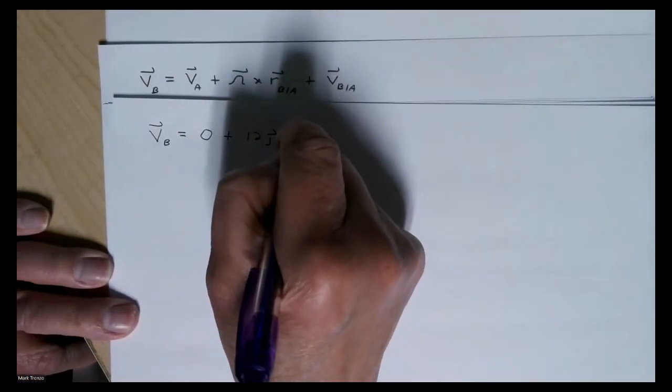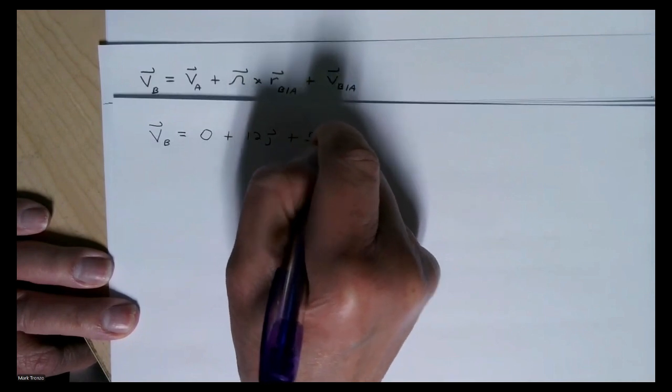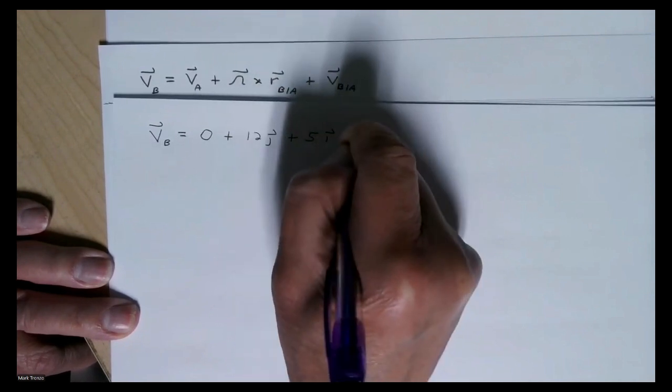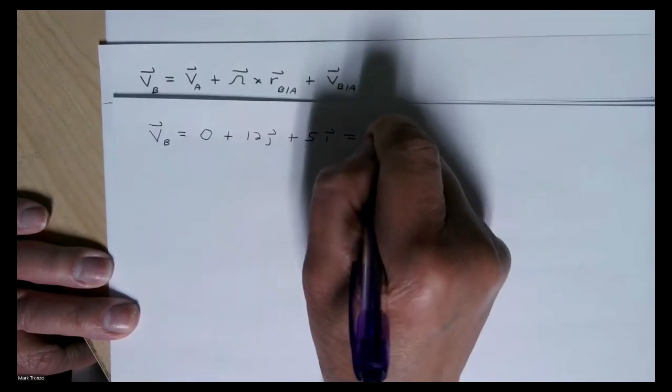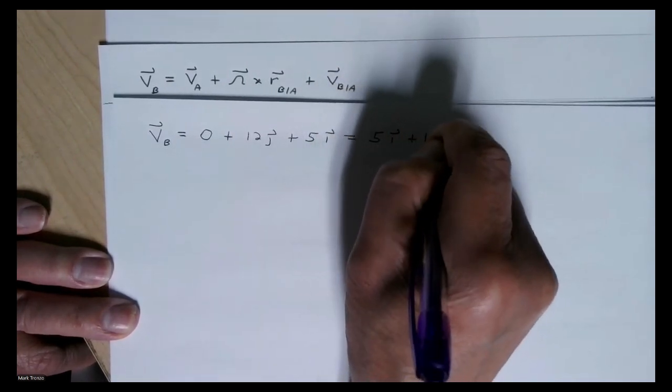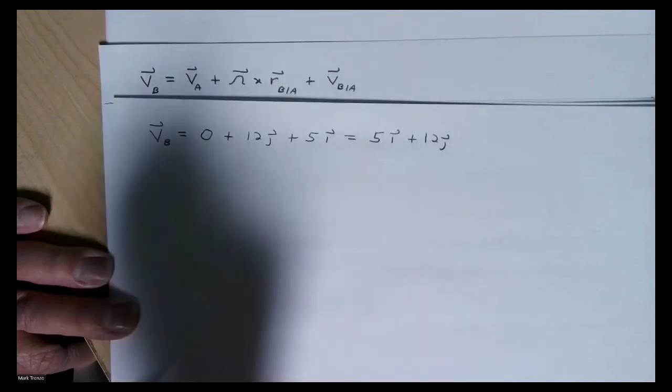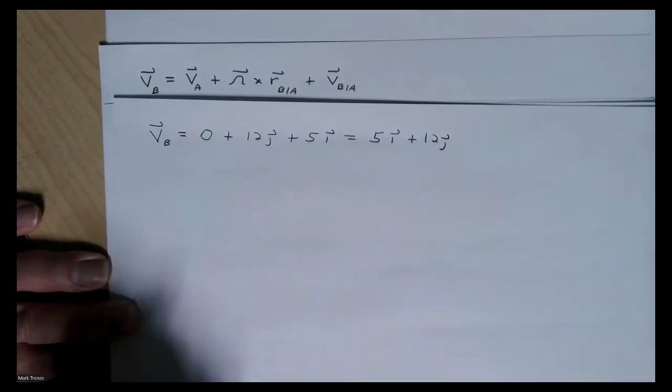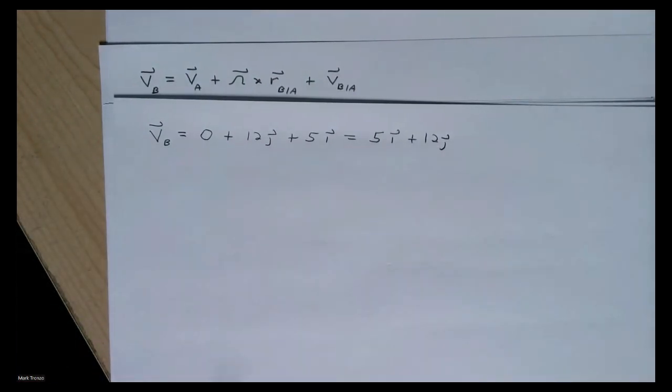And then VBA, we had from the beginning, that was 5I. And so if we put them in order, we're going to have 5I plus 12J. That's going to be the velocity of that collar.